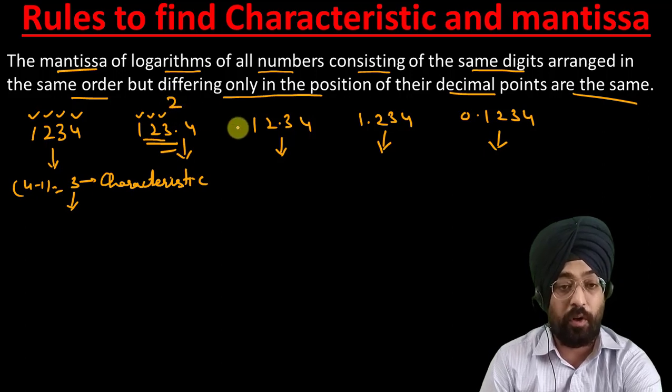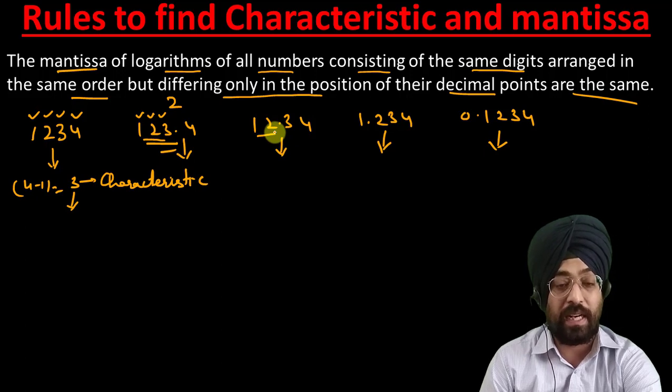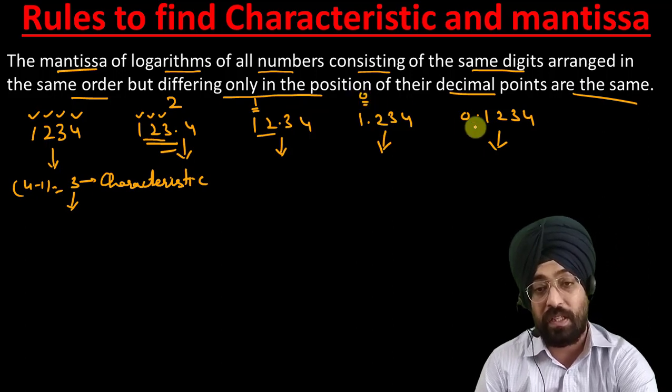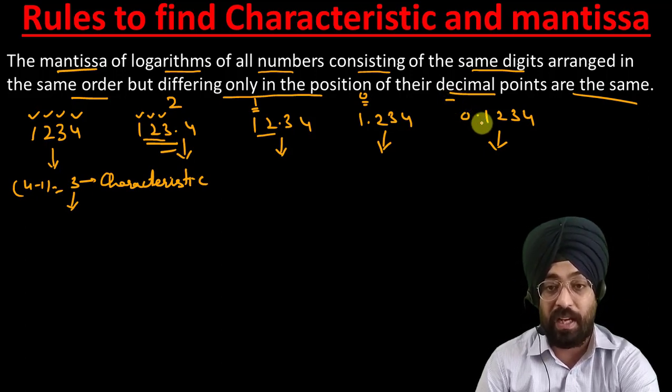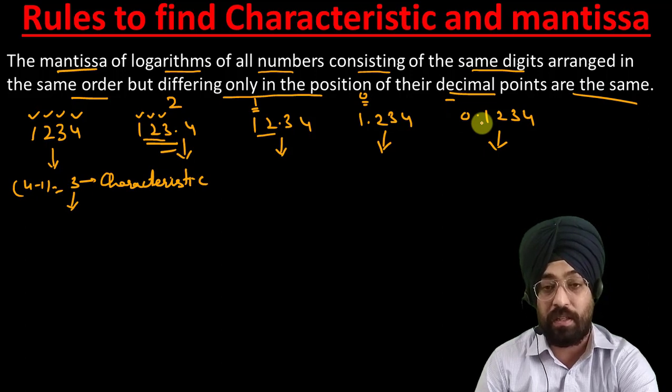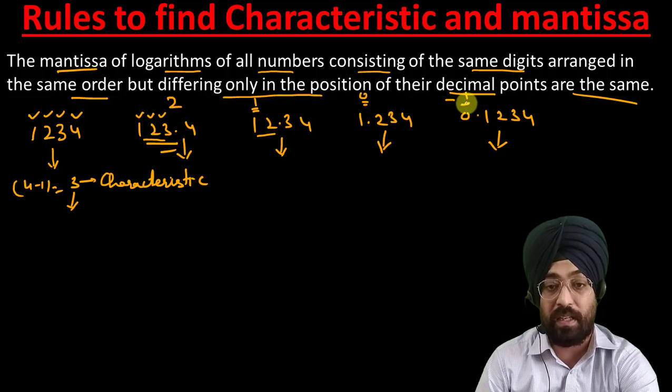For the next number, how many digits does it have before the decimal? 2 digits, so its characteristic will be 2 minus 1, 1. Its characteristic will be 1 minus 1, 0. And for this number, which is less than 1, the characteristic will be negative, and we have to count the zeros after the decimal. It has no 0, so 0 plus 1 is 1, so its characteristic is -1.